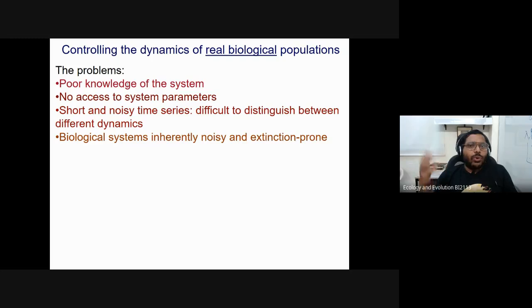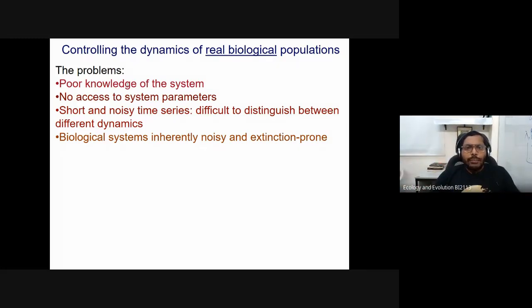R is something that you can only indirectly control, and the magnitude of your control you can only figure out when the experiment is over, when the entire time series is in your hand, and then you fit a model, and from that you get your R, or your K. So there is no experimental access to the system parameters, which makes much of the modeling that has been done in the chaos control literature, or for that matter in the control literature, impossible to apply, let's say, in biological systems.